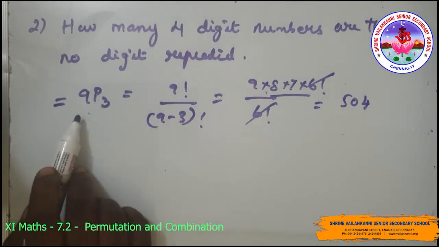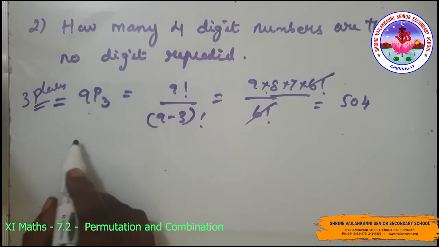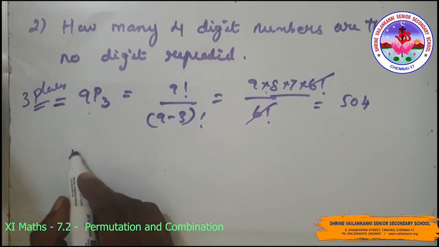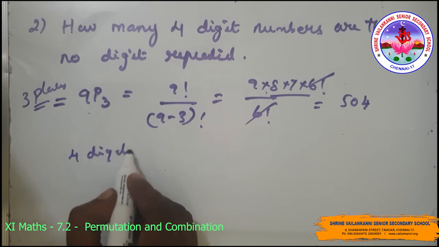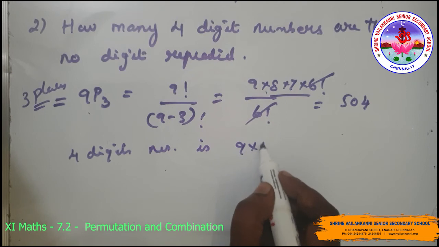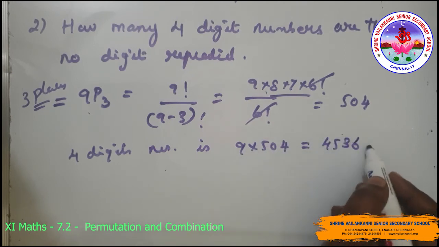Hence, by the fundamental principle method, the required number of 4-digit numbers is 9 into 504, which is 4536.